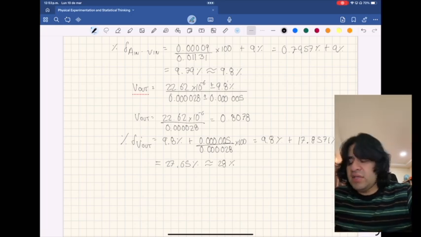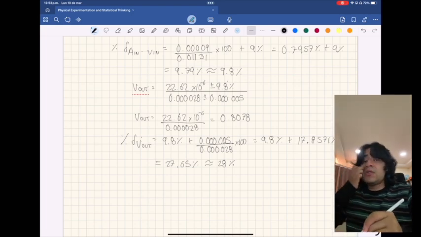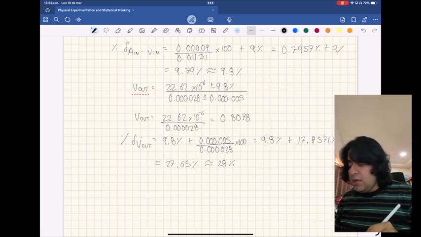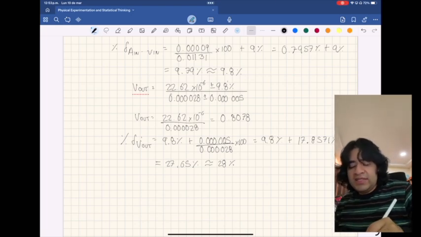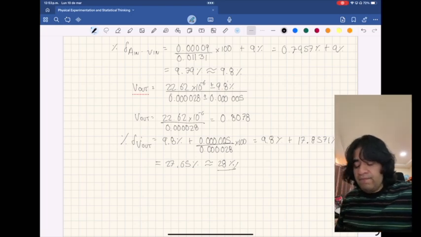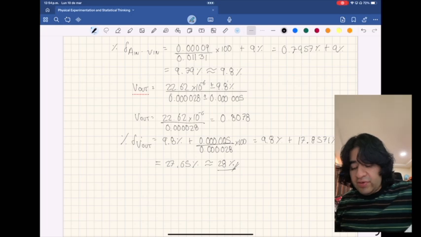Remember that percentage uncertainties don't have a proper rule to determine how many decimals we have to count, so we can round whenever we decide that is needed. So let's proceed with this value.